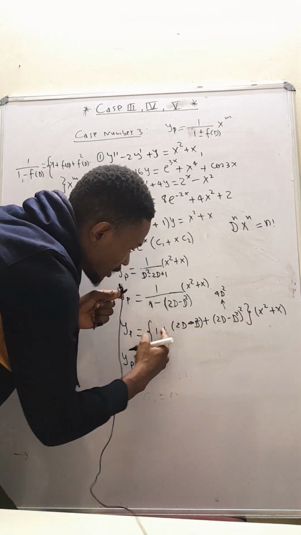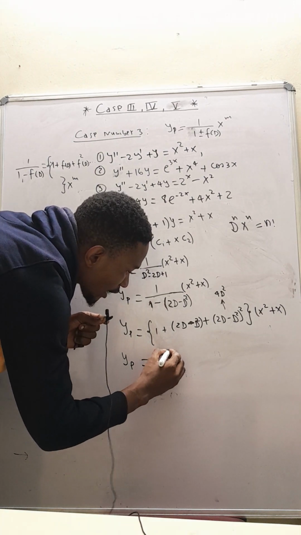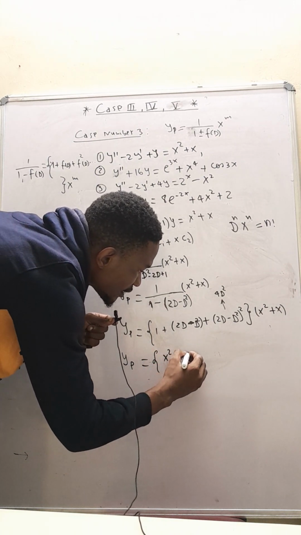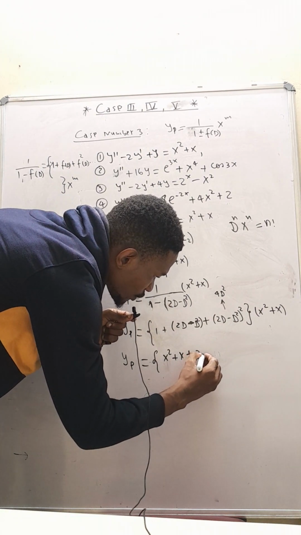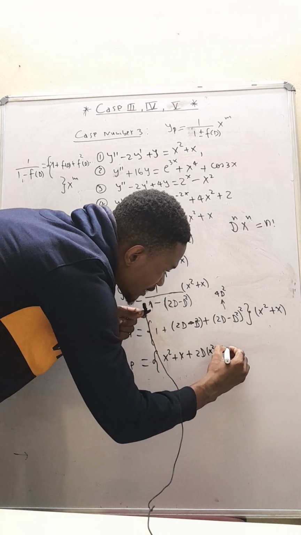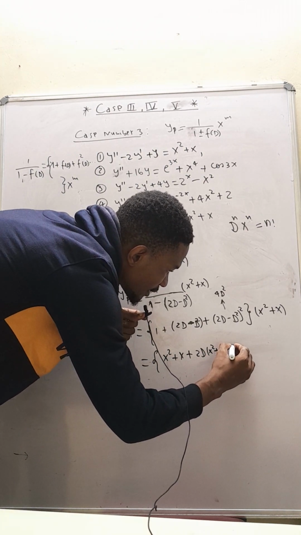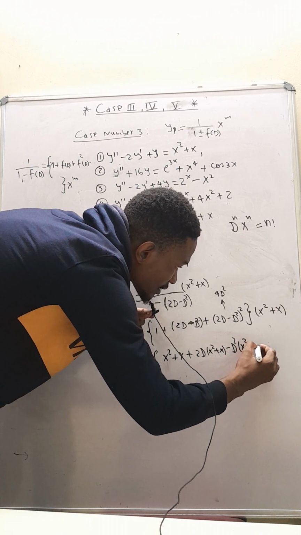Now apply the function to the operator. So it will be x squared plus x, then plus 2d applied to x squared plus x, then minus d squared applied to x squared plus x.